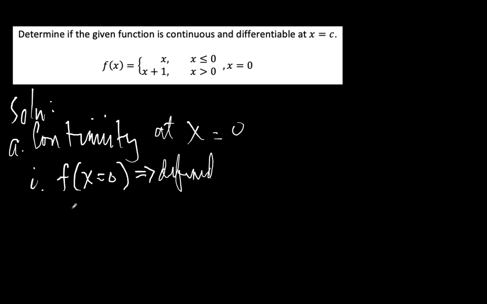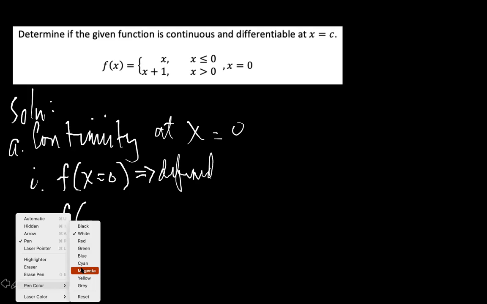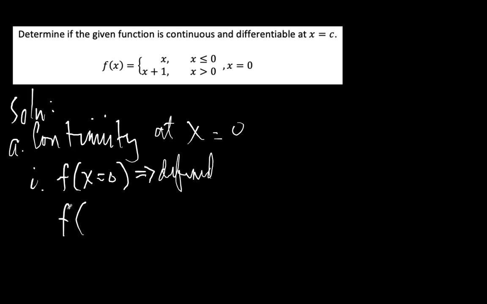So let's solve. Now here, f of 0 is equal to, so which function are we going to use? That's the first subfunction, which is x, so f of 0 is equal to 0, right?